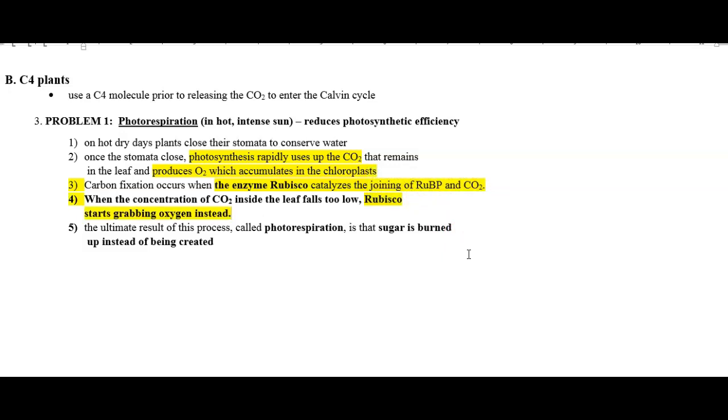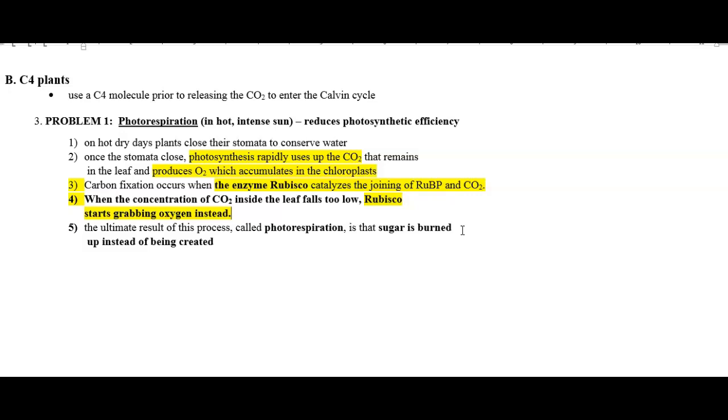So photosynthesis is going to no longer have access to carbon dioxide in the atmosphere. So it's going to use up the carbon dioxide that it has. And in photosynthesis, it produces oxygen. That's going to accumulate in the chloroplasts.